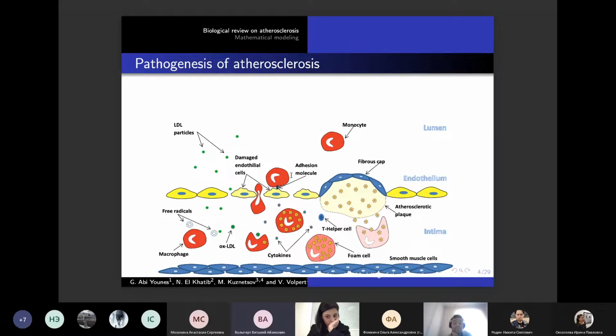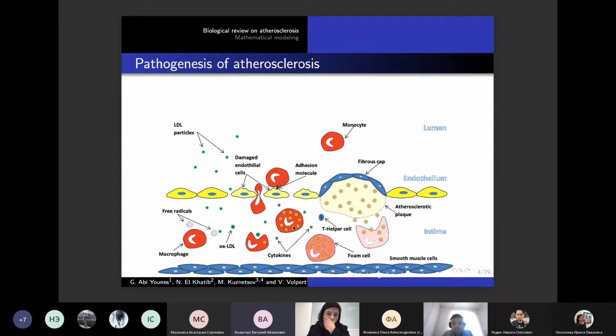And macrophages can feel this gradient. You should understand that chemotaxis is a very general physiological phenomenon. Many cells can feel the gradient of some molecules and move to the place where the concentration of these molecules is larger.